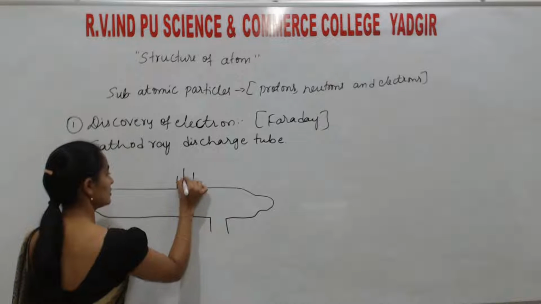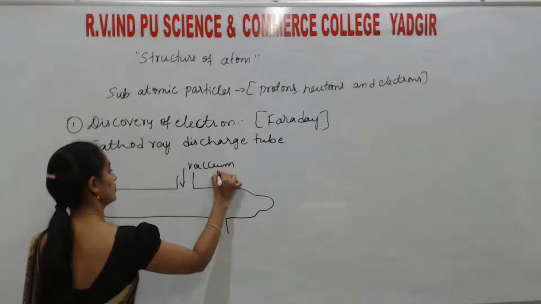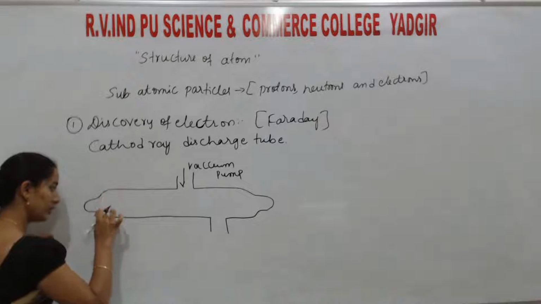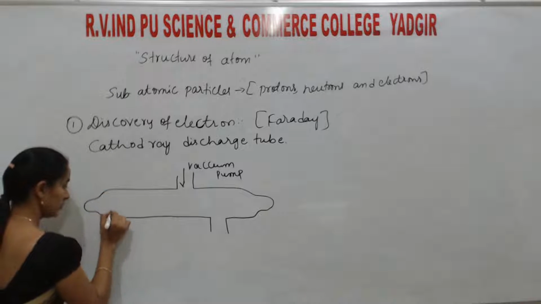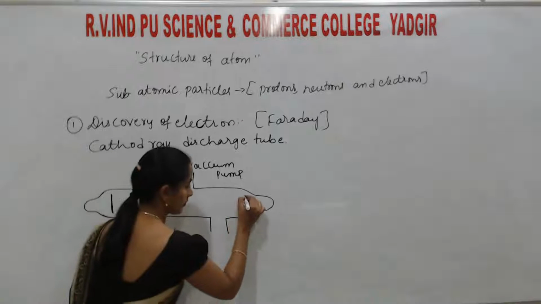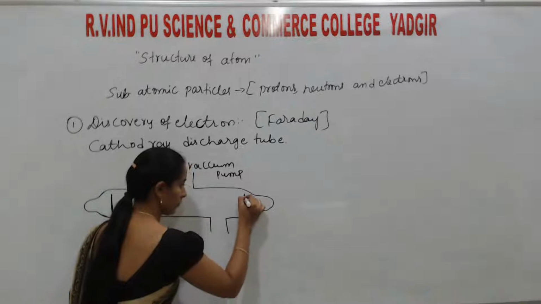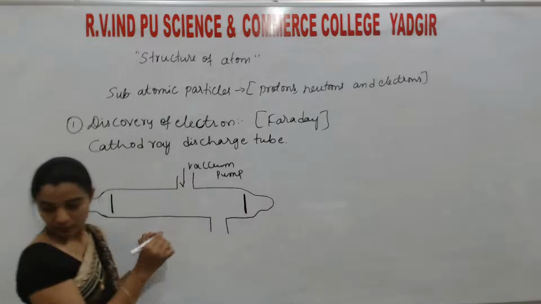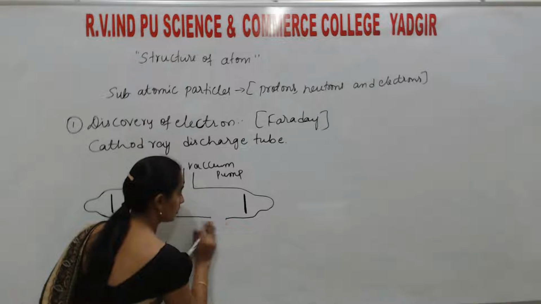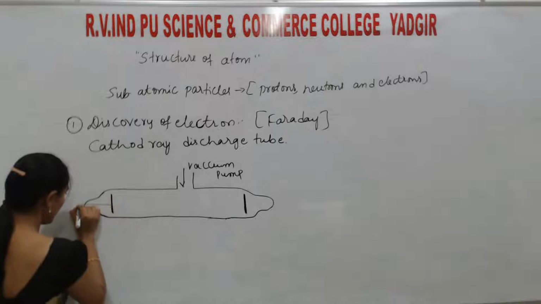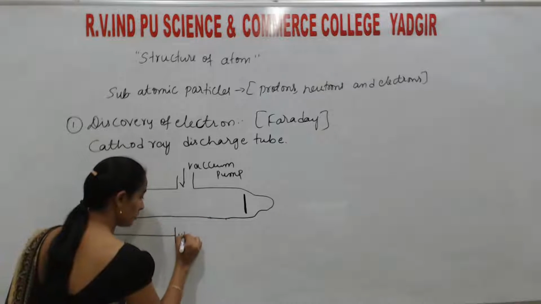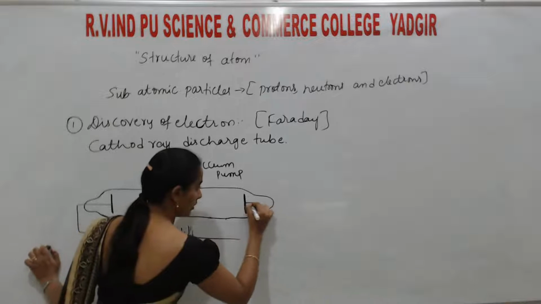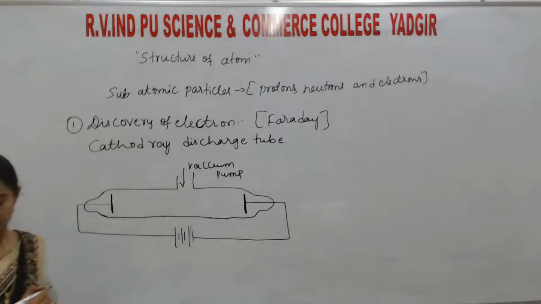Okay, so this one is the vacuum pump. Here two electrodes are there.